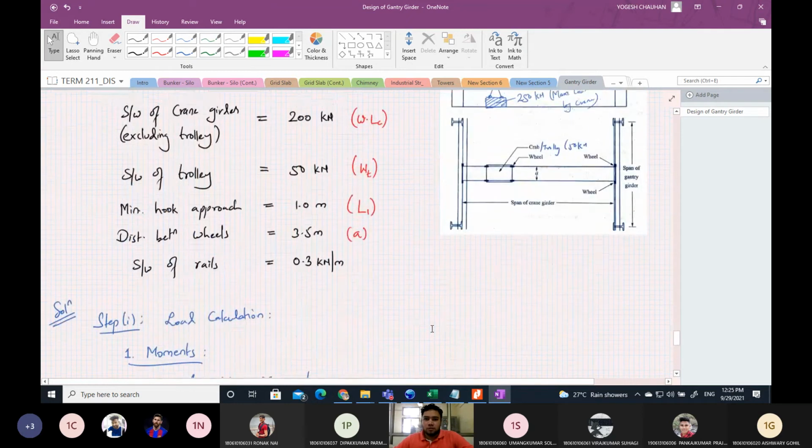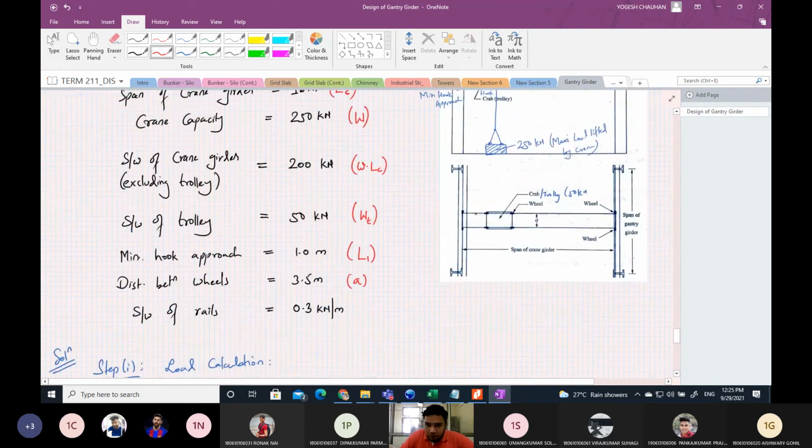So what it means is that the maximum reaction here will be 190.63 kilonewton.